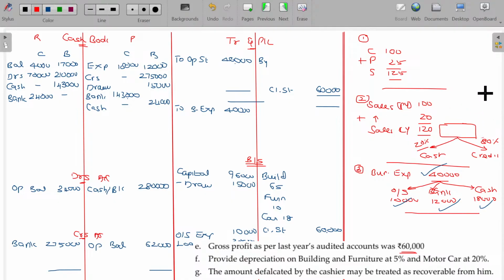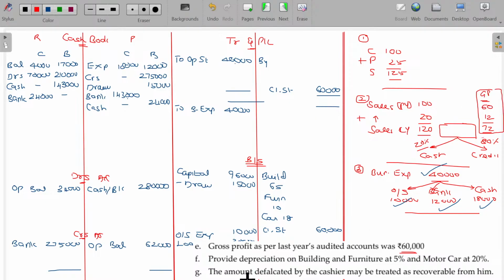I put the value here, GP. Previous sales, whatever it may be, but the GP is 60,000. Compared to the previous year, in this year sales increased by 20%, which means GP also increases by 20%. Maybe 12,000 increase. 72,000 will be the new GP.